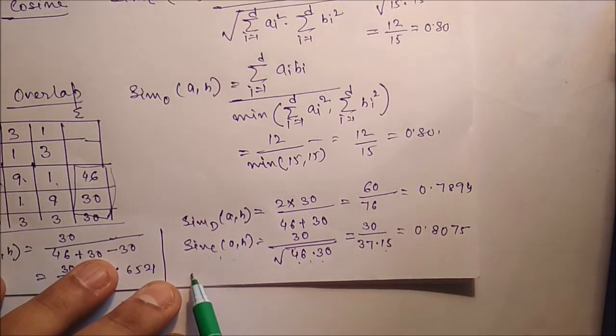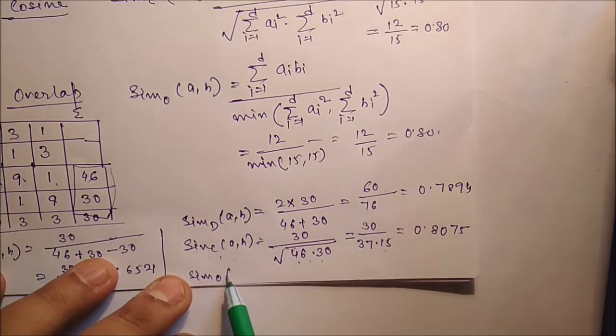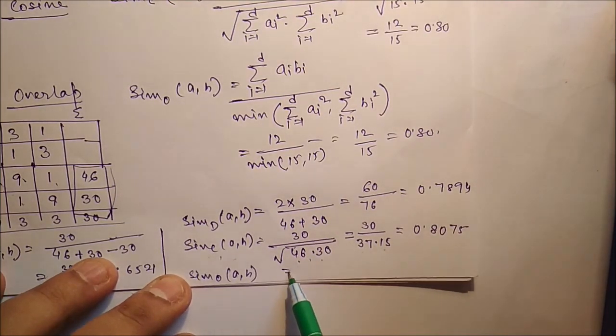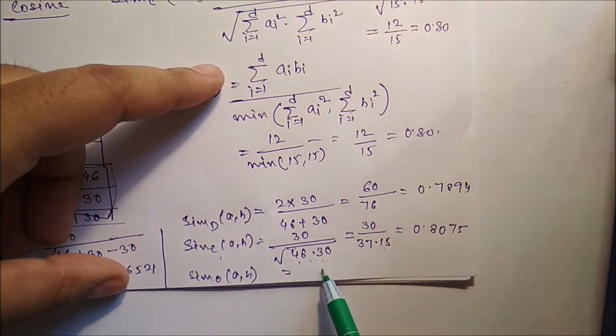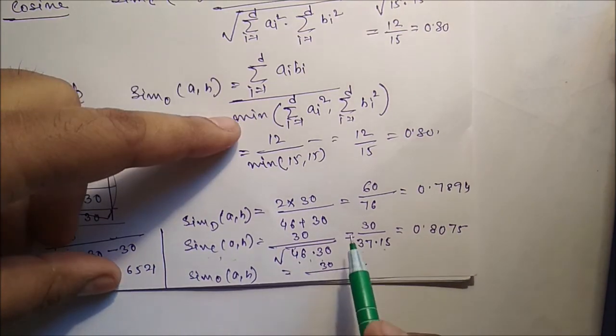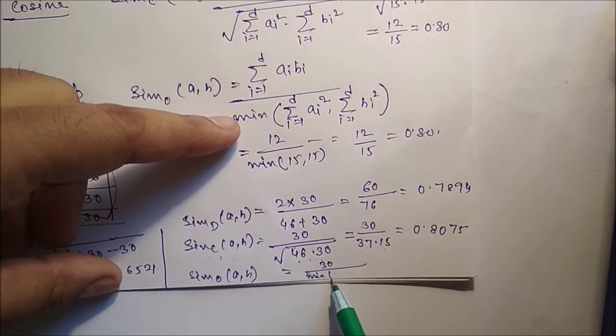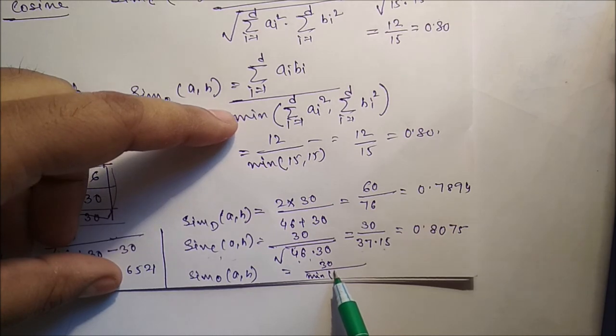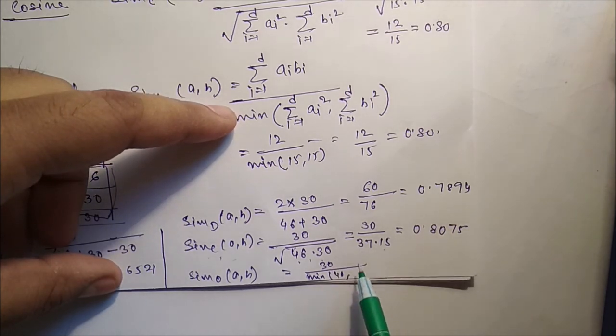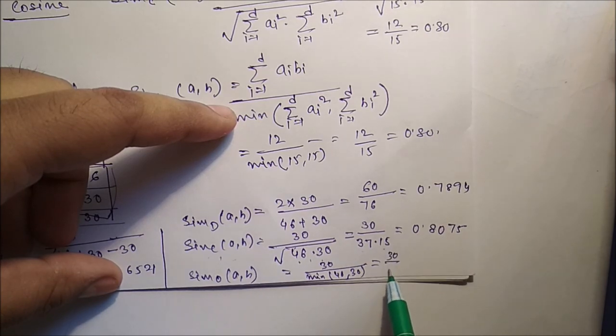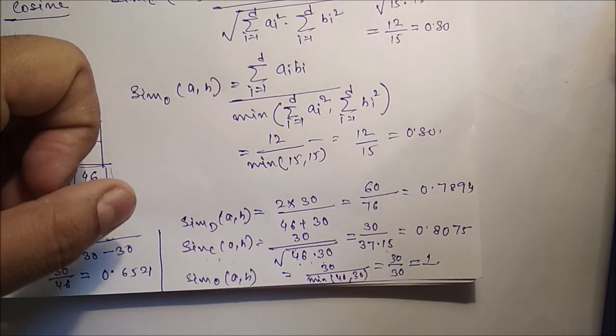And finally, the overlap similarity between A and B is summation of AiBi, that is 30, divided by the minimum between Ai square, that is 46, and Bi square, that is 30. So the minimum is 30. The answer is 1.